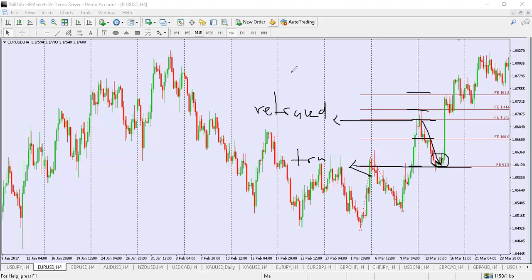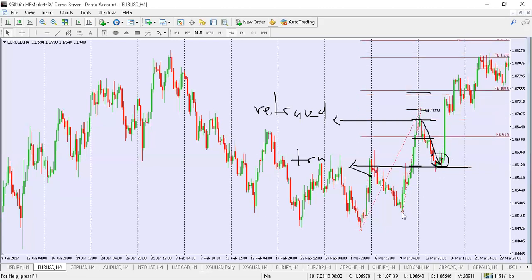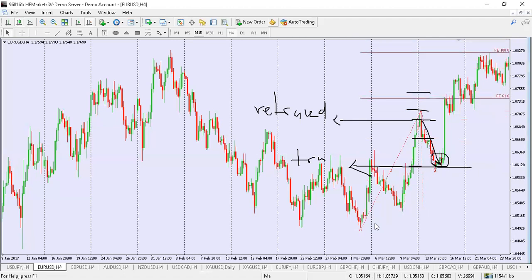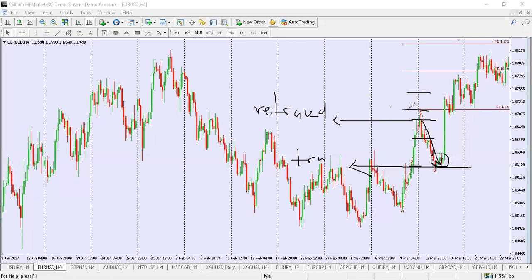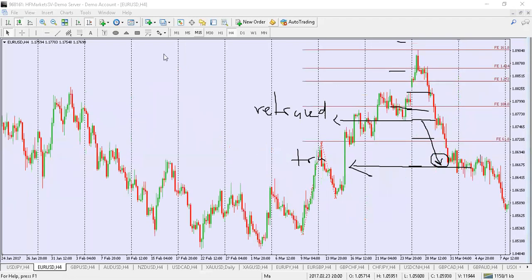So we'll move our retracement to the next level. This is the next point, right? Then the possible points are this, this and that. So we'll move up. I hope you can see this. These are the possible points of retracement.